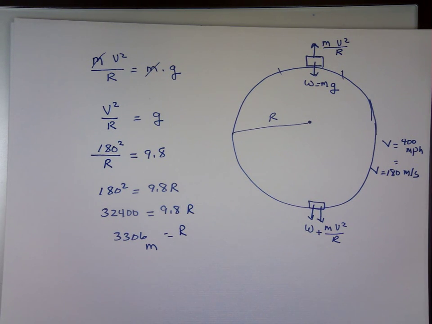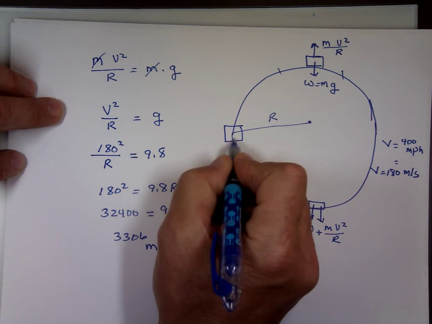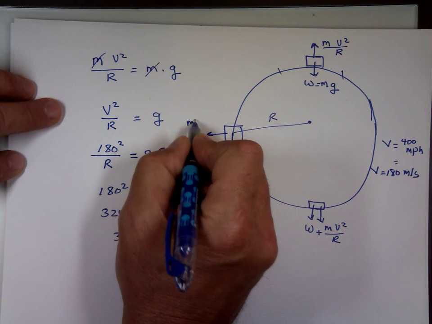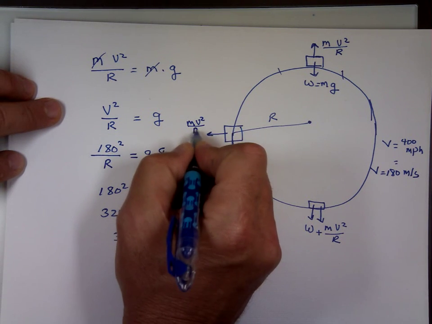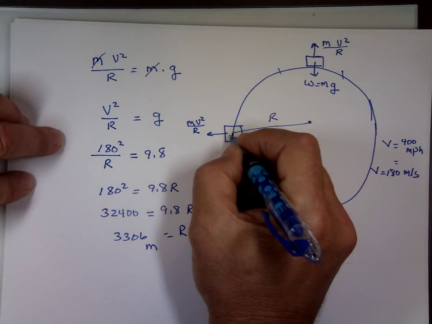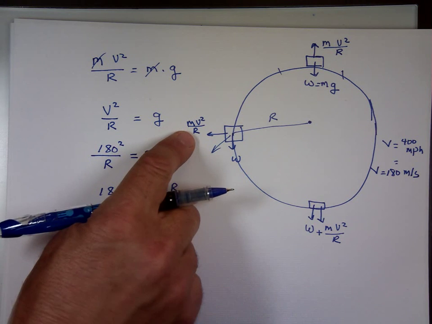When you're right here, you get the weight down, and you get mv squared that way. So if there's a problem, something broke there, let's say the door went open and you got sucked out, you're actually going to go in that direction because of these components. You have a component in this direction, a component in that direction. That's the direction you go flying.